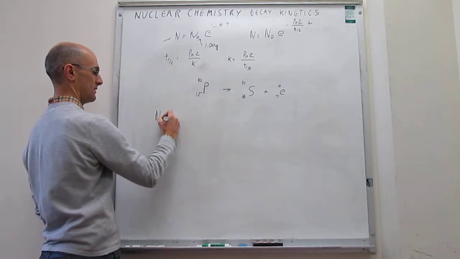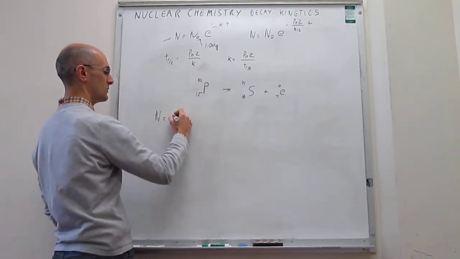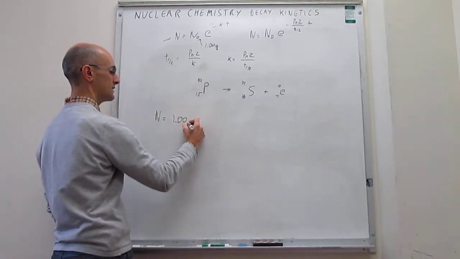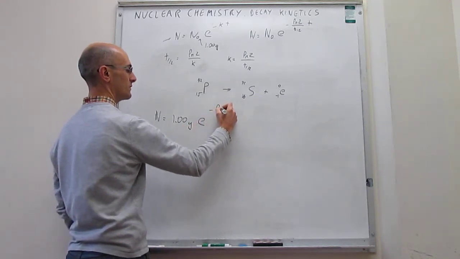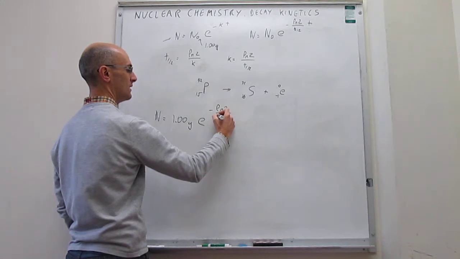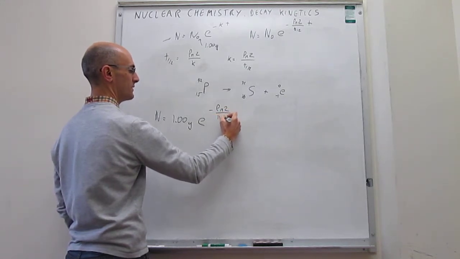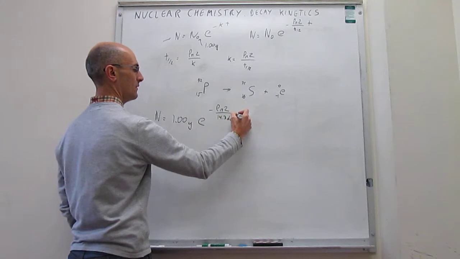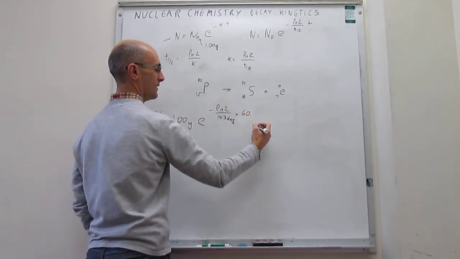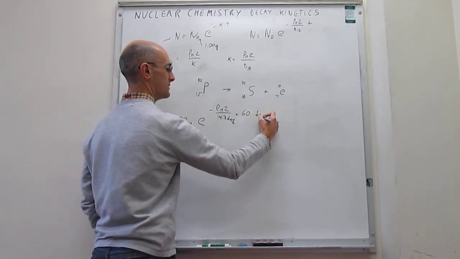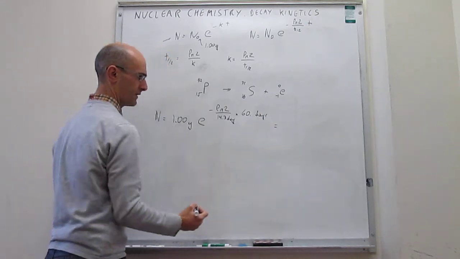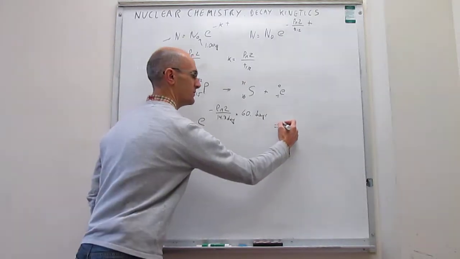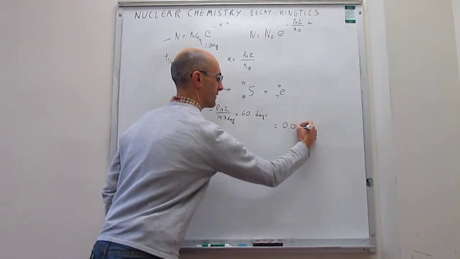The mass of phosphorus 32 left after 60 days, if we start with 1 gram, is going to be equal to e to the minus natural log of 2 over 14.3 days, multiplied by the time at which you're asking the question, 60 days, and that gives you exactly the mass of phosphorus 32 left, which is 0.055 grams.